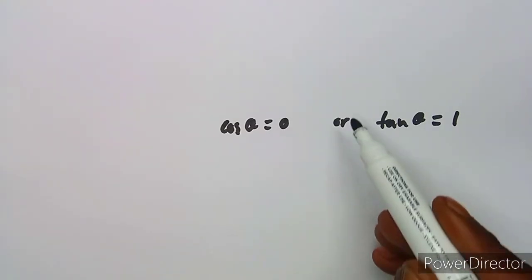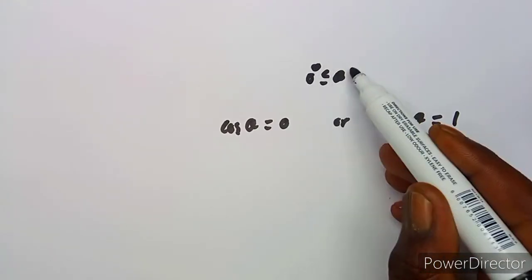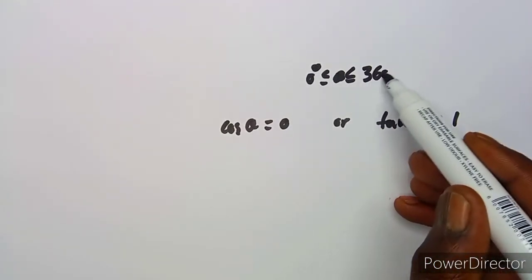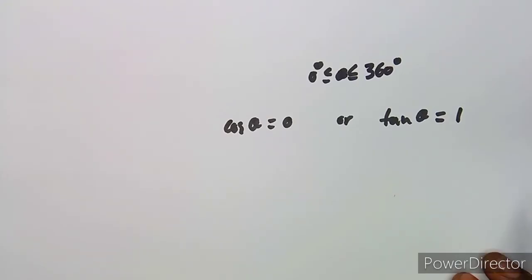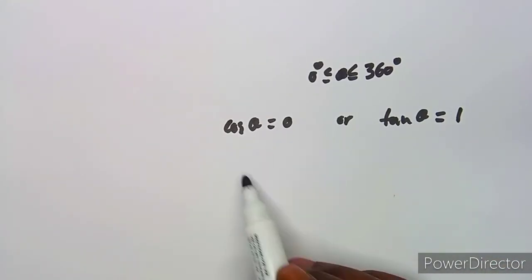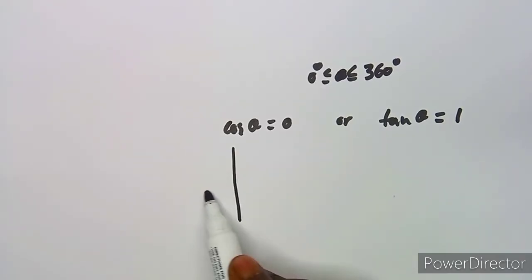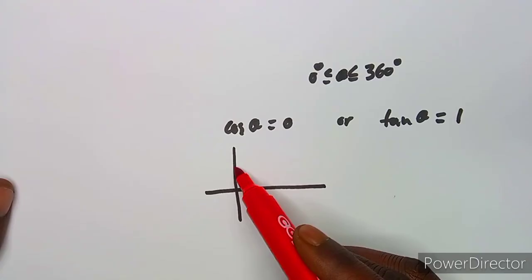Also remember the interval that we are given, that our theta is supposed to be from 0 to 360 degrees. So if this is from 0 to 360 degrees, for the first one we can actually use the trig function for cos, because this is cos theta equals 0. It's going to be easier for you to understand from the trig. Remember, the trig for cos is like this.